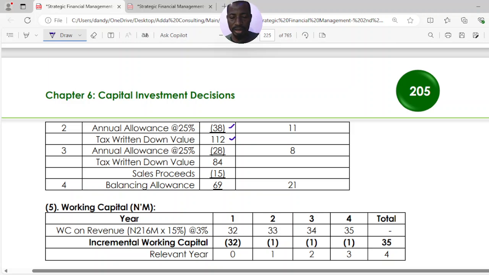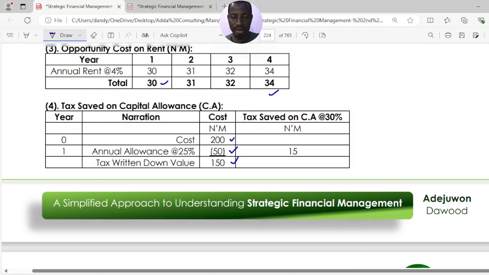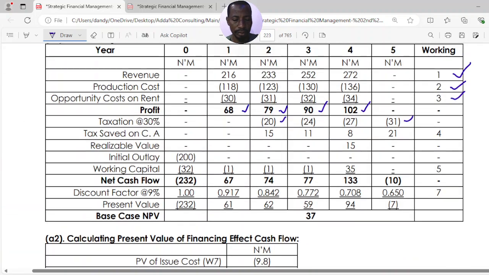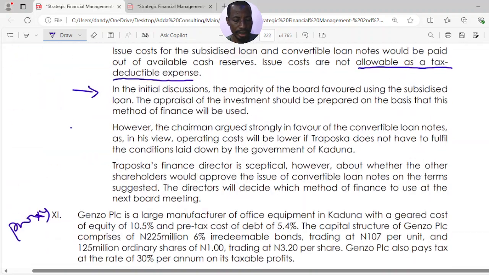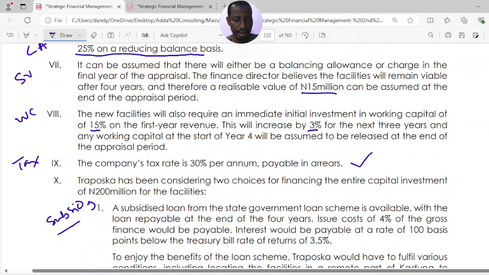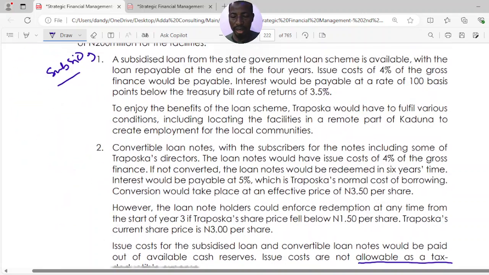Let's go and confirm the sales proceed, whether it is 15. I think I noted it down somewhere. Yes, the salvage value, we are told that therefore a realizable value of 15 million can be assumed at the end of the appraisal period. So the scrap value is 15 million naira.